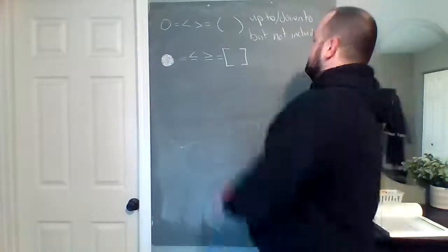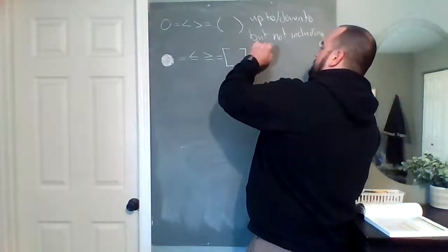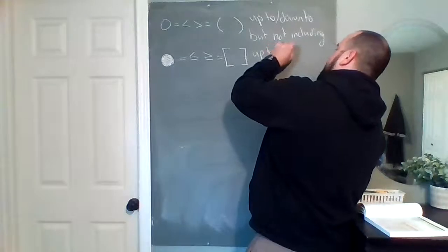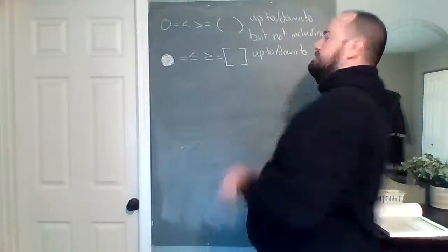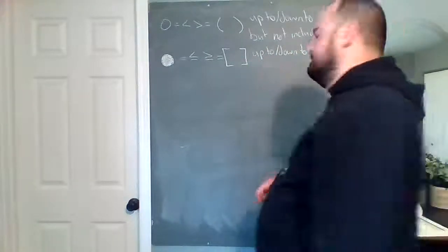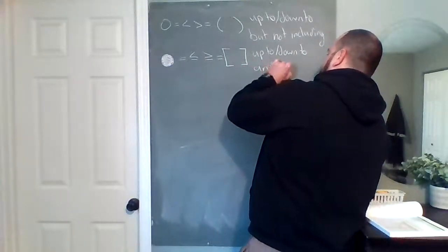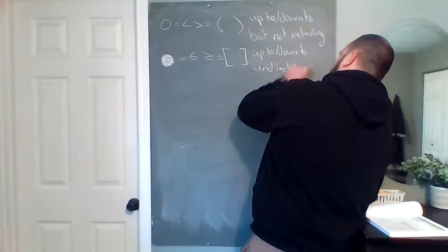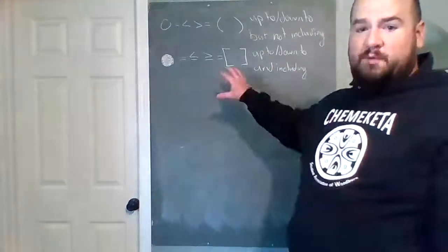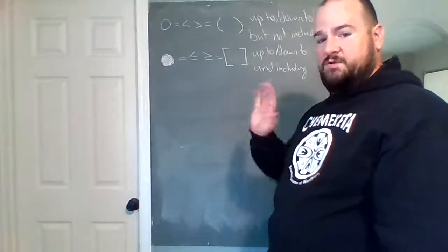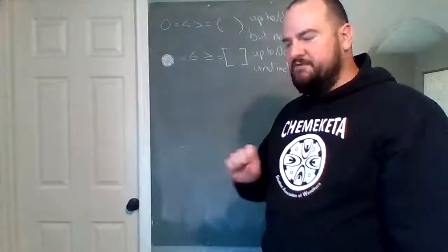And what this means is that we go up to or down to, depending on whether it's an opening or closing bracket, and including. So brackets mean we include those values. We're going to go all the way to that value and actually equal that value.